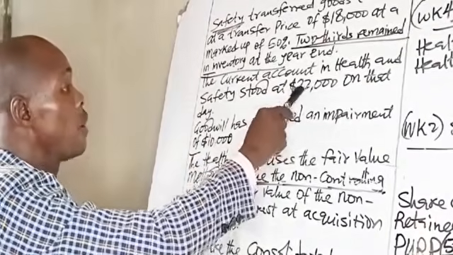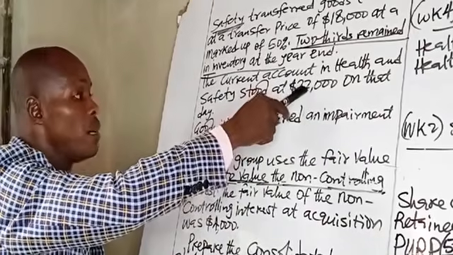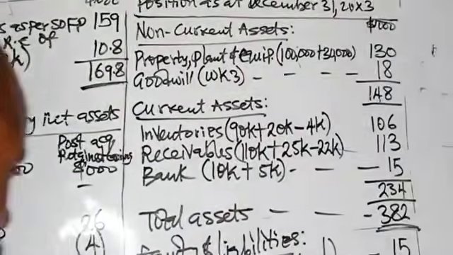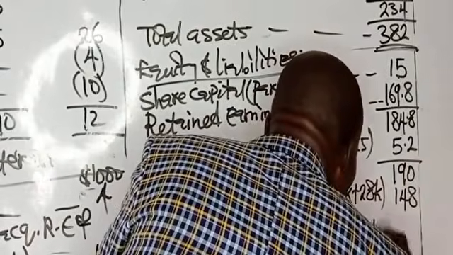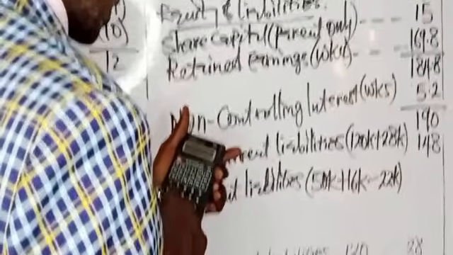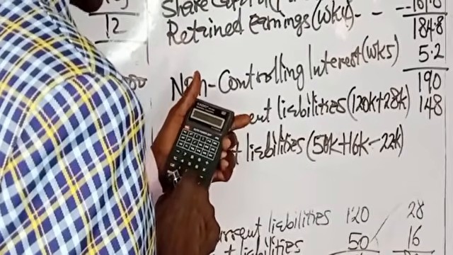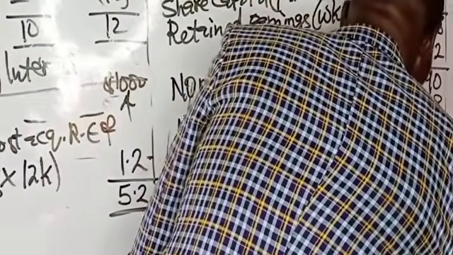Then you are equally going to deduct it from payables. Remember, payables is part of current liabilities, so we are going to deduct the 22,000 from current liabilities. So we have 50,000 plus 16,000, that is 66,000, minus 22,000. So you have 44,000. Our total current liabilities is 44,000.